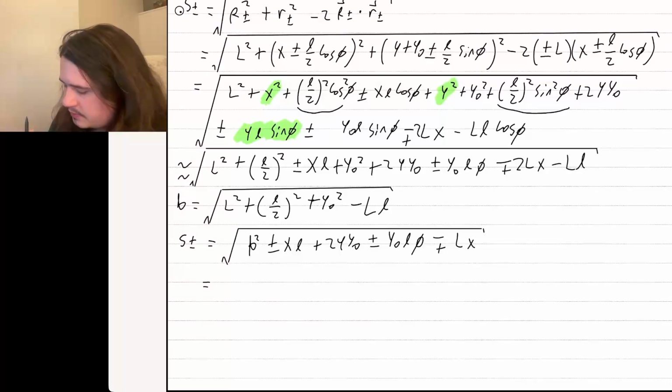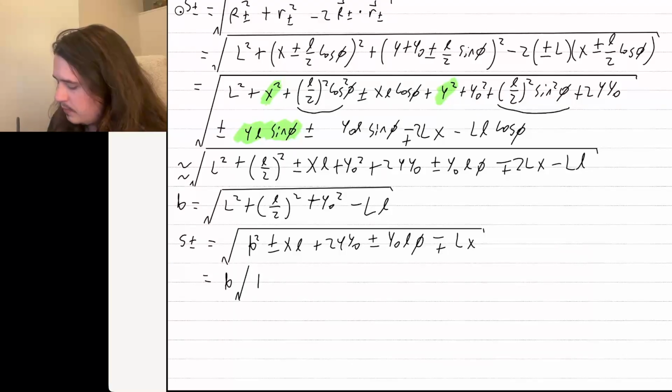Now we're gonna make another approximation. If we factor out b itself from this, then we get b times the square root of 1 plus or minus, and then I'm just gonna try and combine the stuff dependent on x itself, right? So it's going to be actually 1 minus or plus the stuff dependent on x, and I want to factor out a 2 as well.